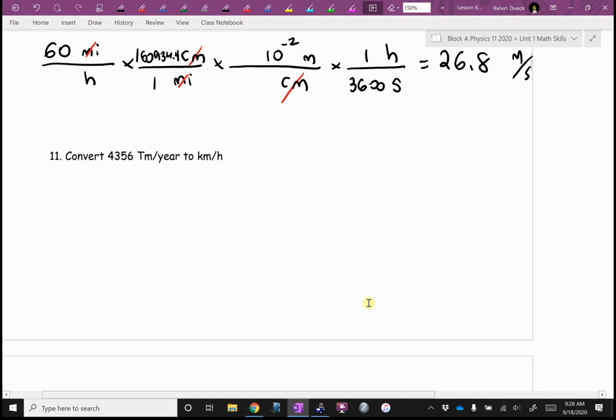What am I going to do first? Thank you for figuring this out. There we go. So I'm going to go 4,356 terameters, and then I'm going to write a proper vertical fraction, and I'm going to choose to abbreviate years with an A. You can put a Y there. If you really want to, you can put a YRS and write extra.